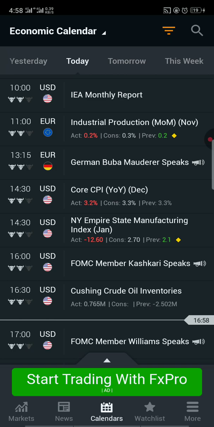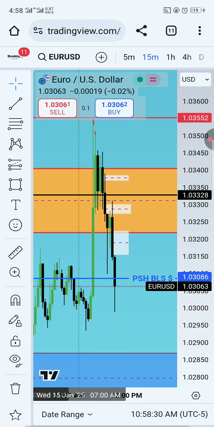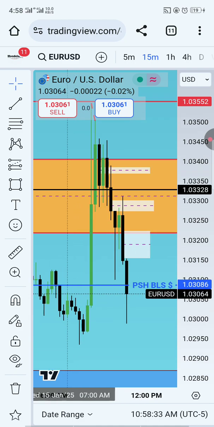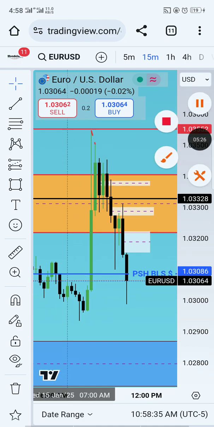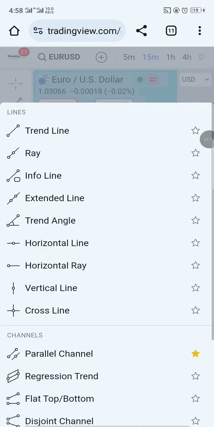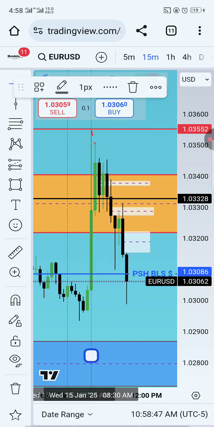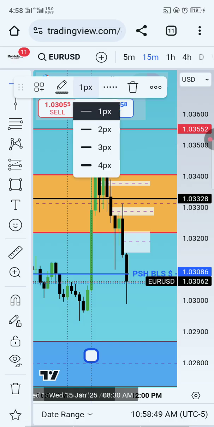Let's go back to the forex chart now. Let's see what time that candle formed. Now look at this candle that I'm talking about. I want to put a vertical line on the candle. Look at this candle. This candle, let me make it bold.